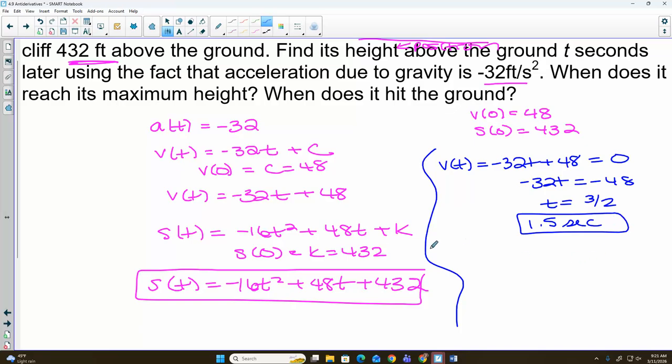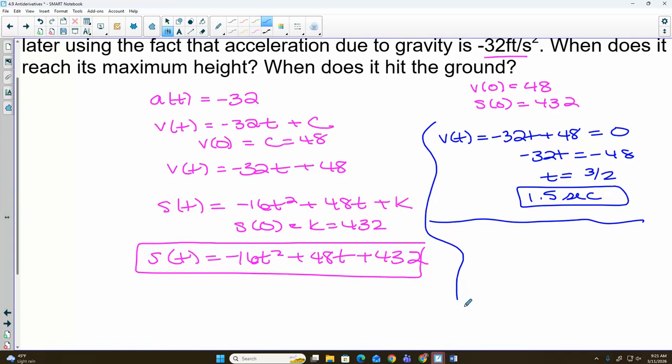All right. Final question, just really seeing if we remember all the things. When does it hit the ground? What would I have to do to find when it hits the ground? Our position equals 0.